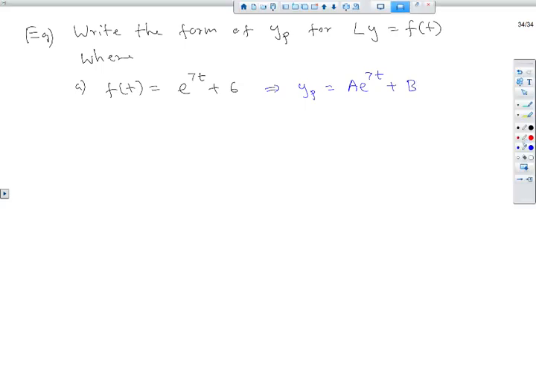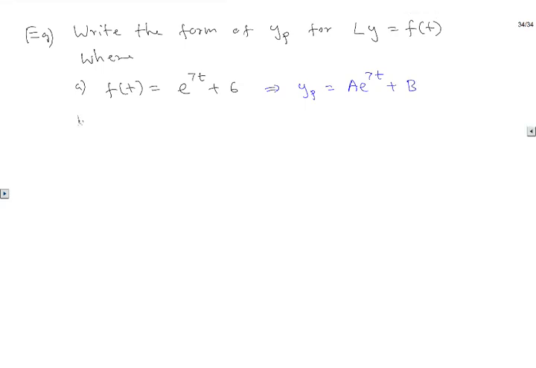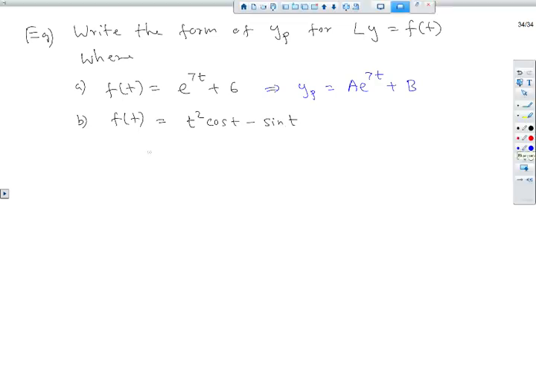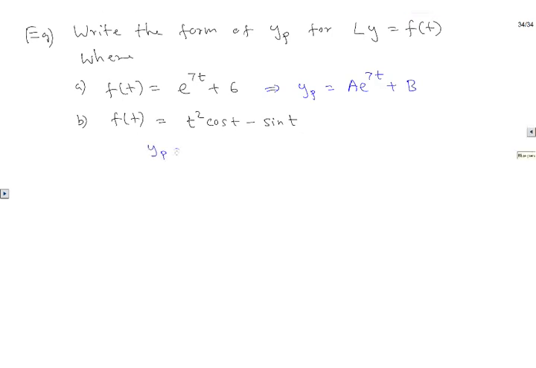The next one, f(t) equal, let's say, t squared cosine t minus sine t, like that. So t squared is a polynomial of degree 2.